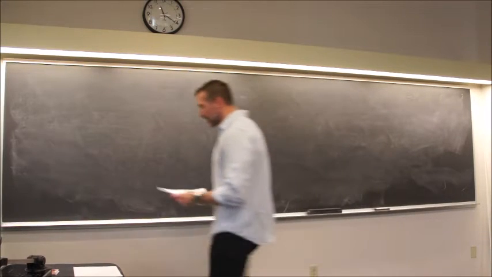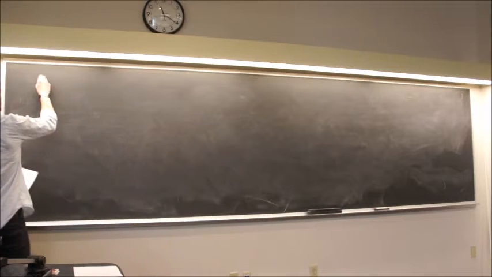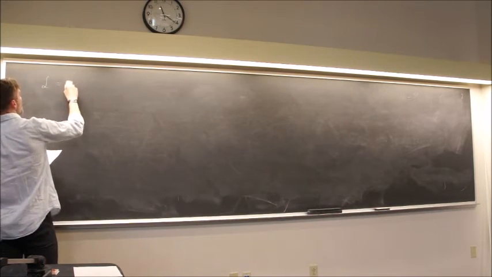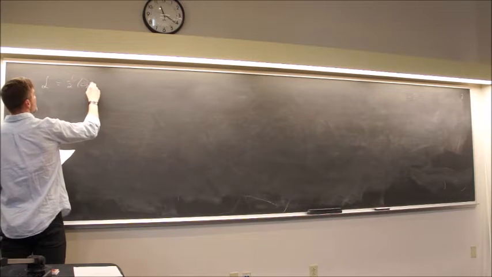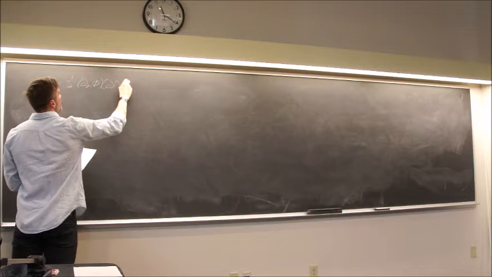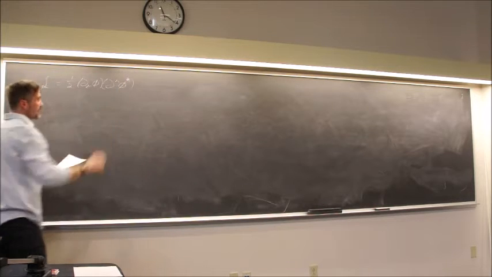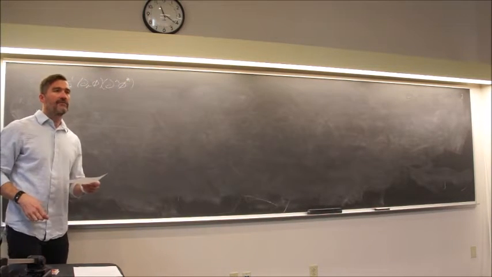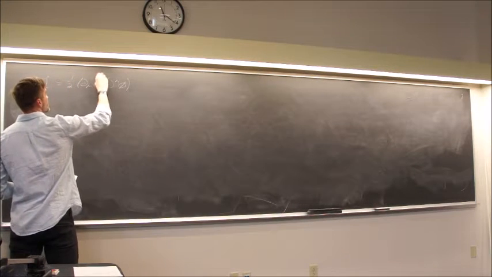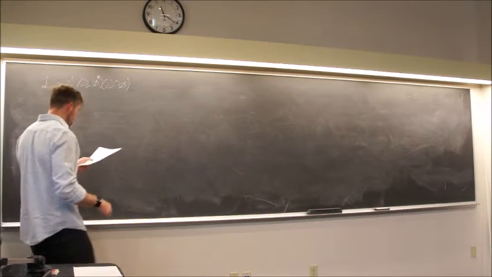But for now, what I want to do is consider a Lagrangian for a scalar field. But I want this to be a complex scalar field. So I'm just going to allow there to be a phi and a phi star. It doesn't really matter which one I make complex.